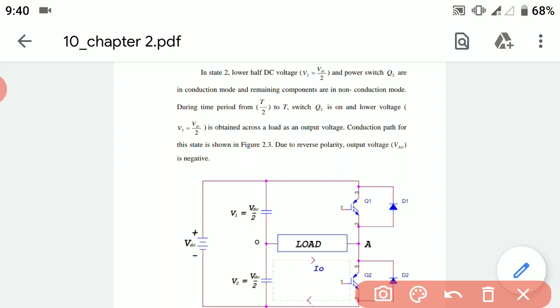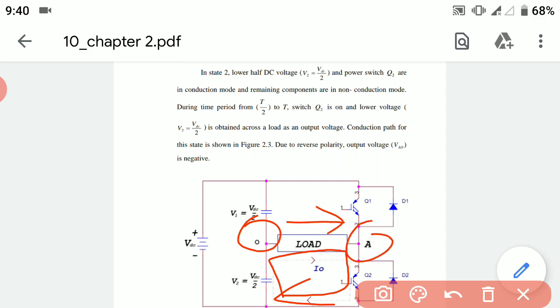In this interval the current flows from the capacitor through the load and through the switch like this. The current through the load flows from point O to point A, opposite to the direction of the current earlier flowing due to switch Q1. So a negative peak develops, having a maximum voltage of VDC by 2.